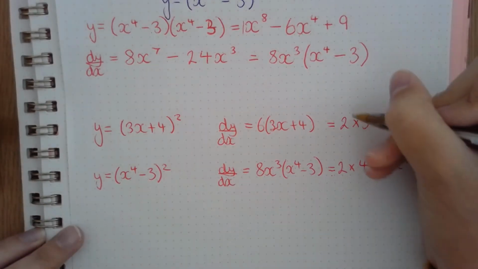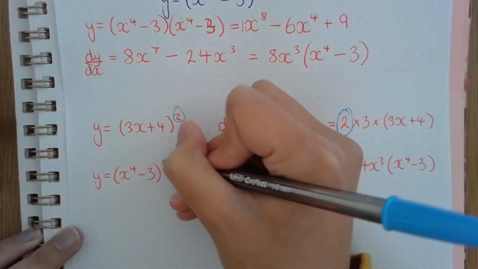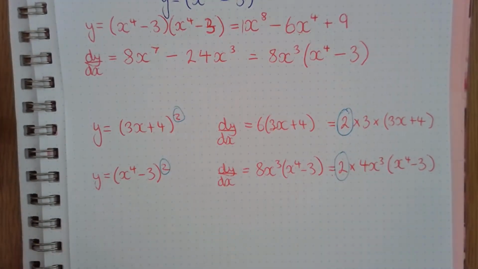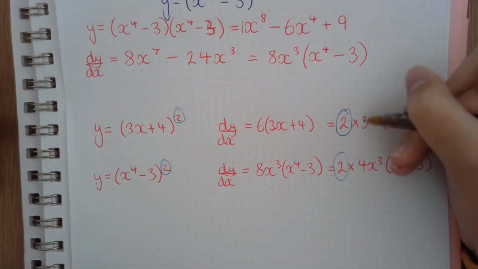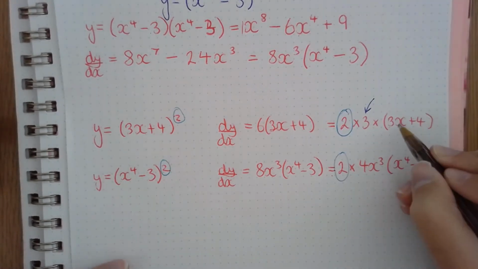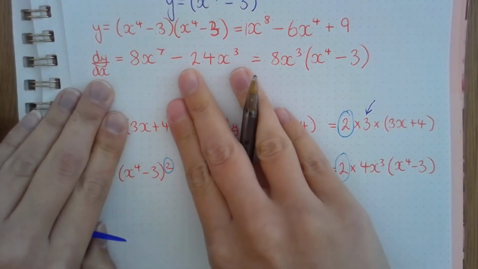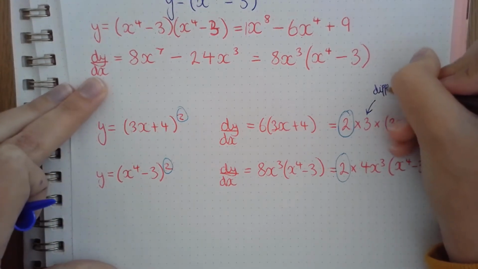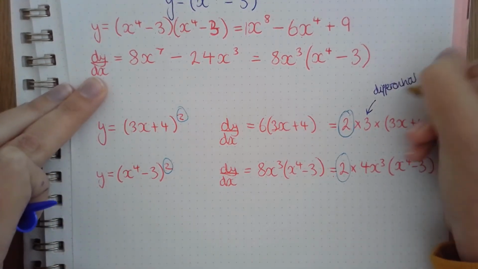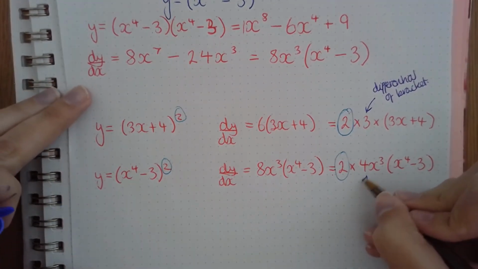So we can see that we've got a 2 at the beginning because originally they both had a power of 2. This 3 has come from the differential of my bracket. If you differentiate 3x plus 4, we get 3, so this is the differential of the bracket. We can notice that that's exactly the same here.